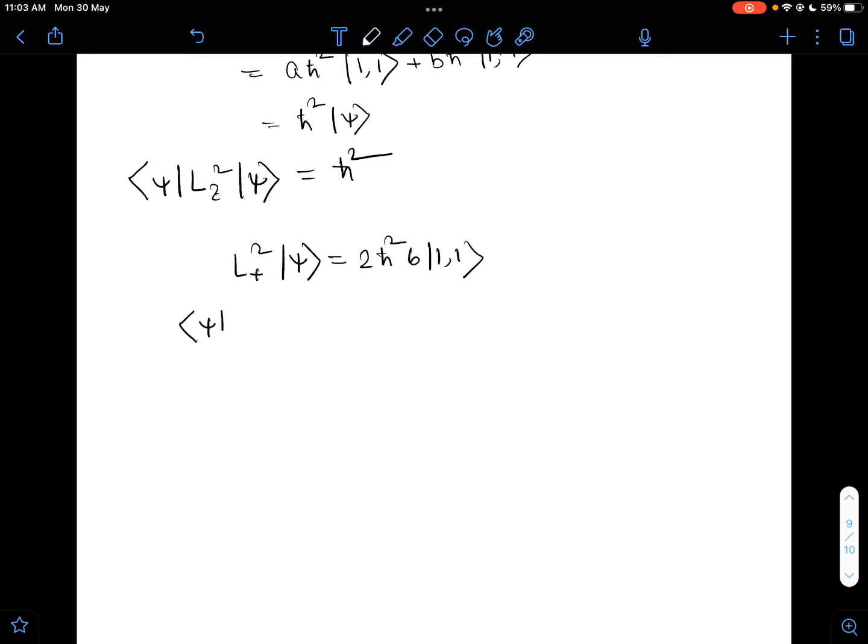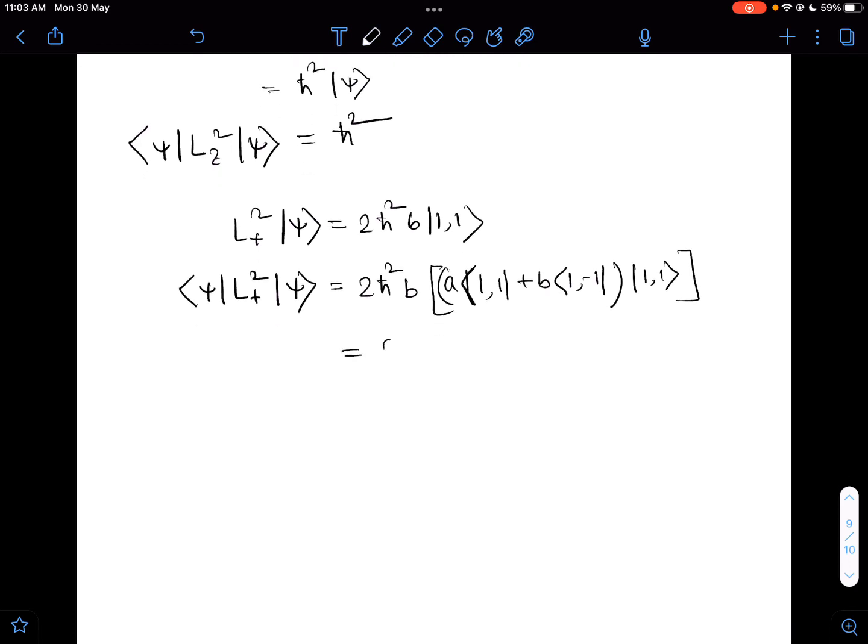So for psi L plus squared psi, it will be 2ħ squared B, and here we have the bra A, so A|1,1> plus B|1,-1>, and here we have B. B we have already taken out, so we have the |1,1> state. So we will get 2ħ squared AB.